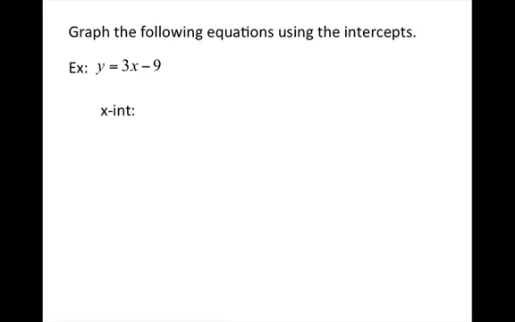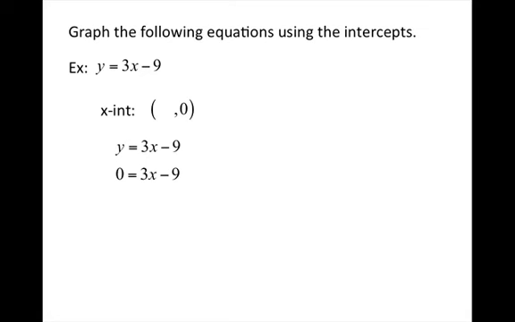So if I'm looking for the x-intercept, in any x-intercept, my y value is a 0. So it's going to be an ordered pair. You will always write your intercepts as ordered pairs. And you can go ahead and let y be 0. So then go to your equation, y equals 3x minus 9, and replace the y with a 0.